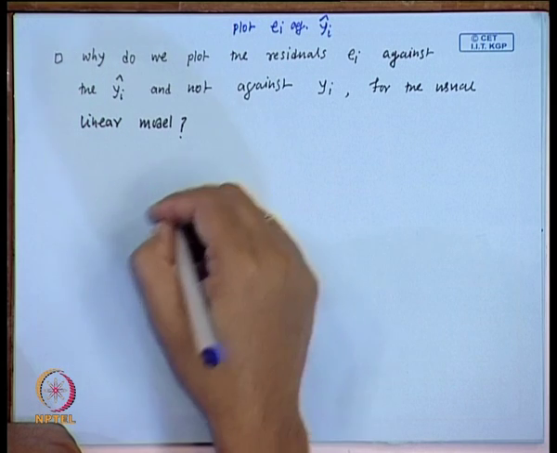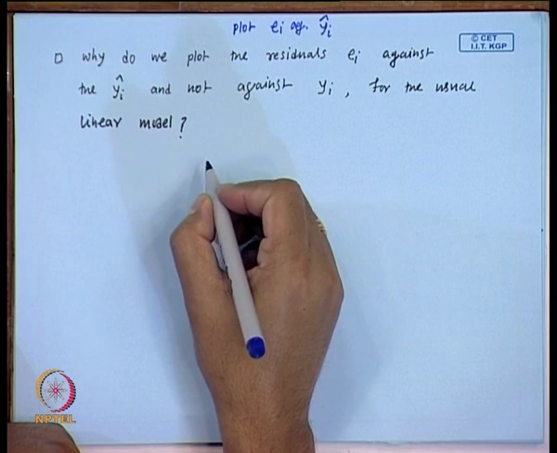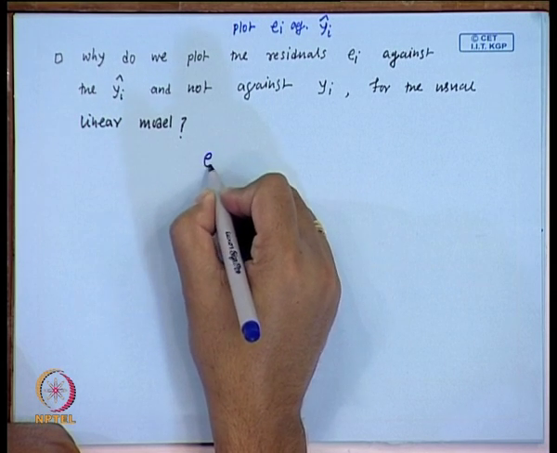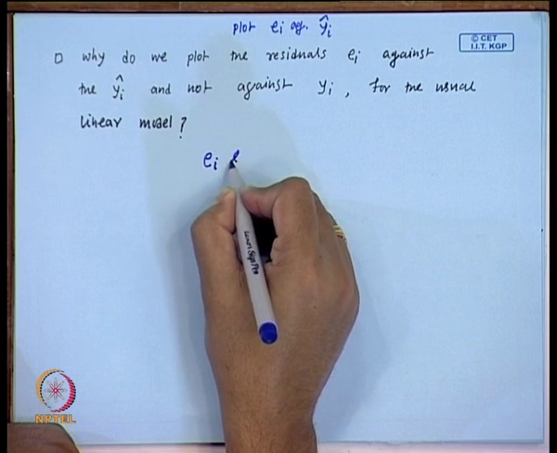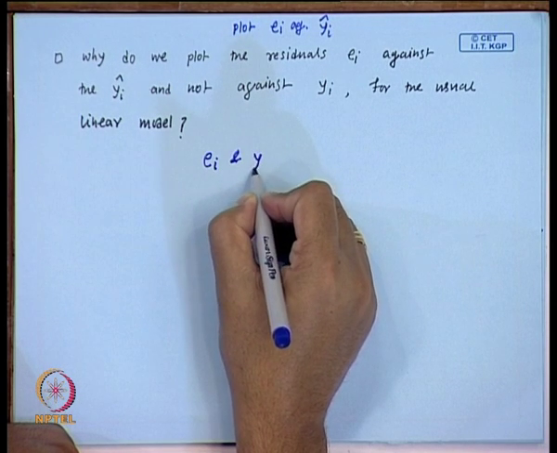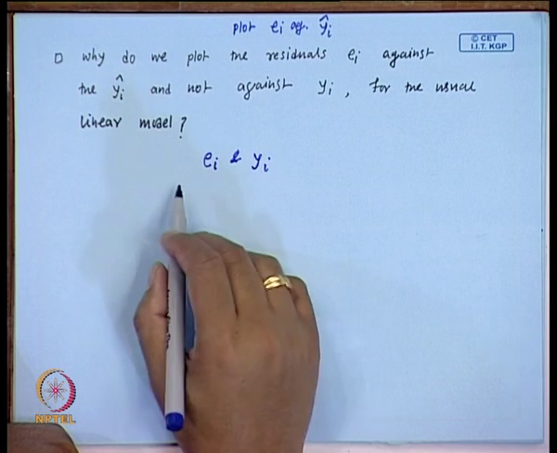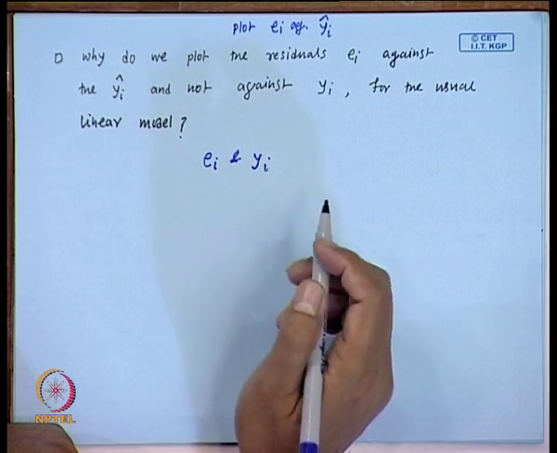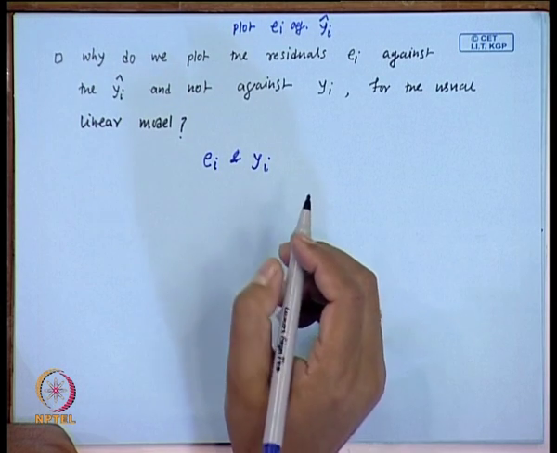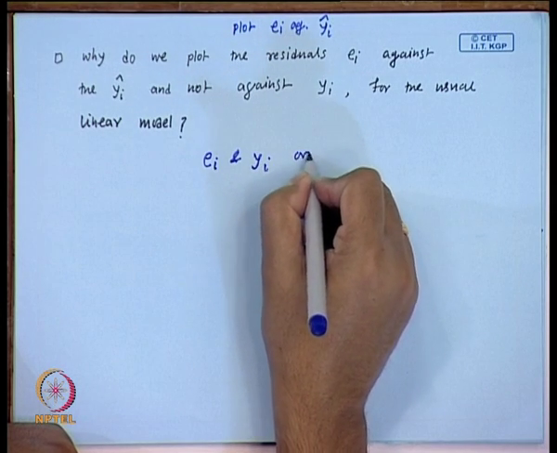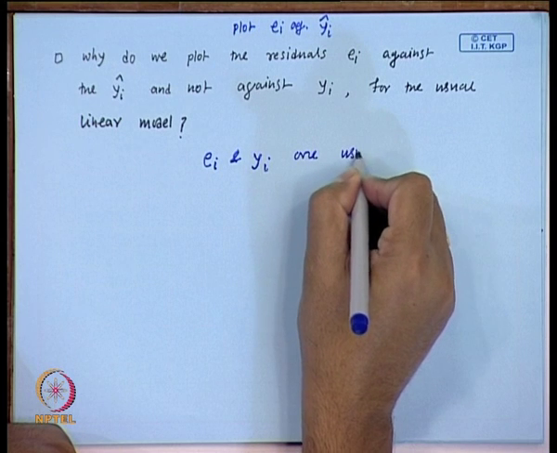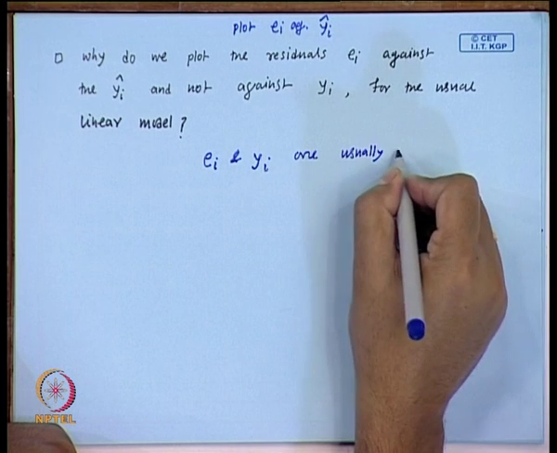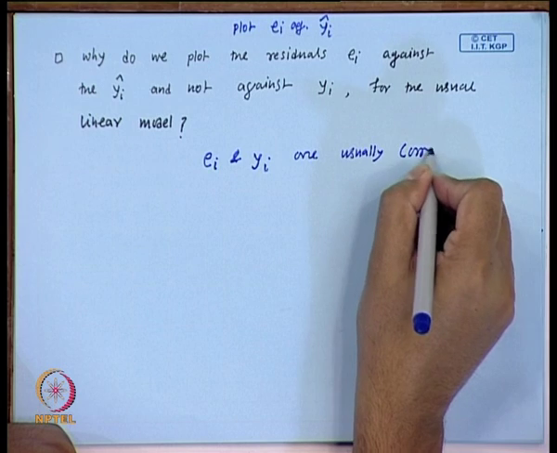The answer to this question is that for ei and yi, we do not consider the plot of ei against yi because these two are usually correlated.